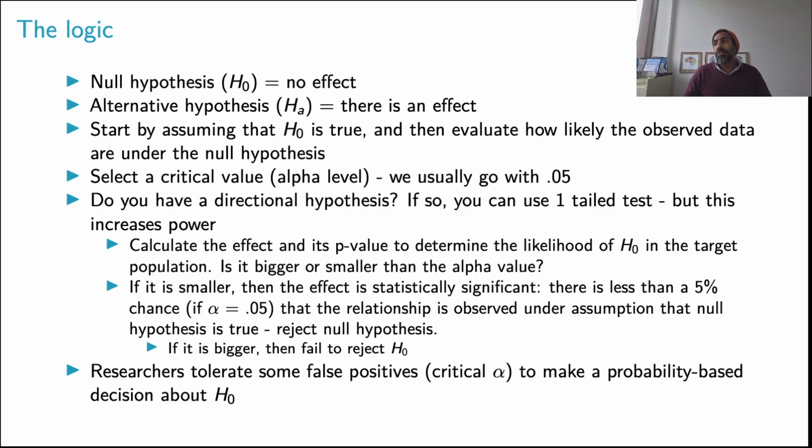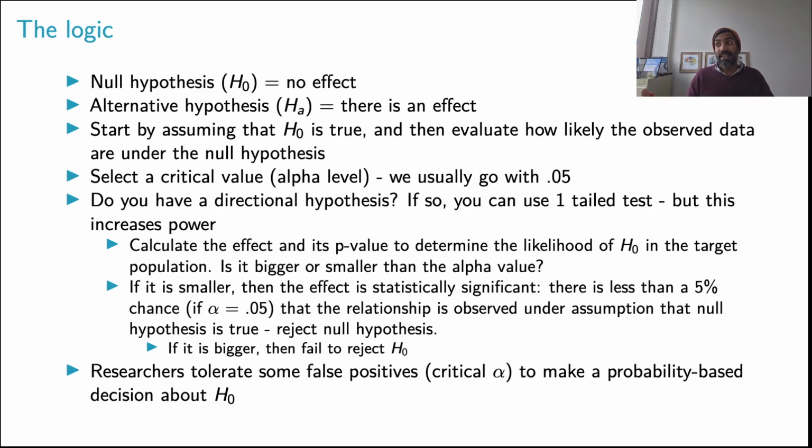If it's bigger, then we fail to reject the null hypothesis. So all introductory statistics p-value interpretations, but just emphasizing the logic here rather than really explaining what that means. The logic being that it's under the null hypothesis that we're trying to work out whether the data that we see is likely or unlikely under the null hypothesis.